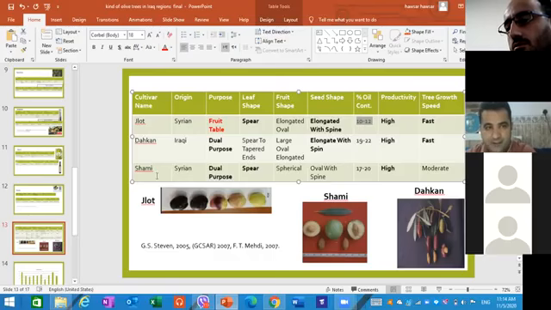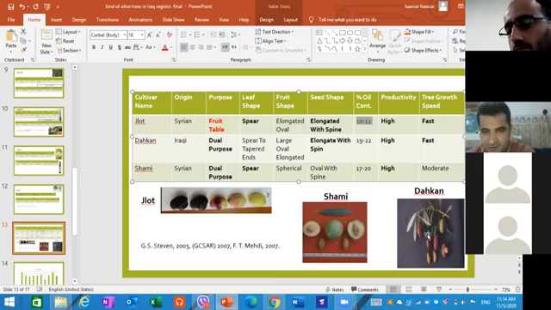But Dakan and Shami we can use for oil production, and also as fruit table. Productivity is generally high, and tree growth of Jalut and Dakan is fast, and Shami tree growth speed is moderate.